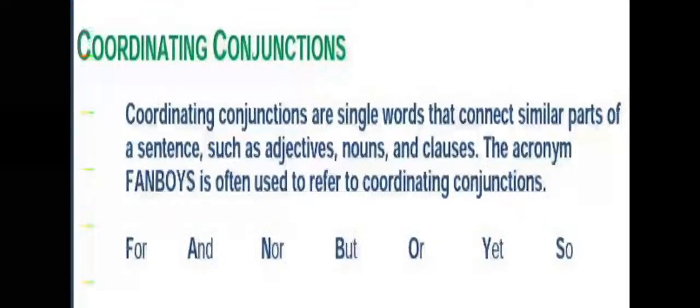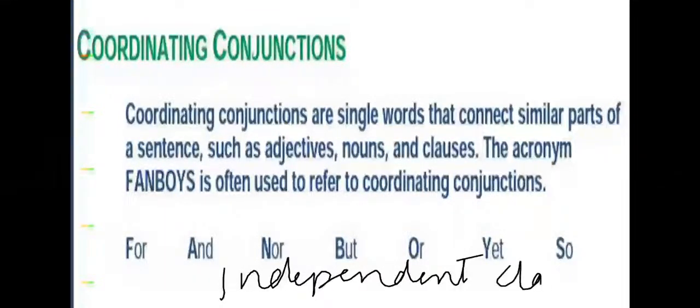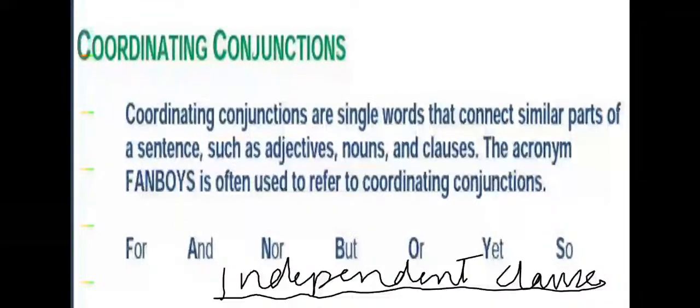And if you have any coordinating conjunction in a sentence, it means that the sentence is independent, an independent clause. I think I mentioned independent clause in the past video. It would be independent and give complete meaning. It will possess its own subject and predicate.